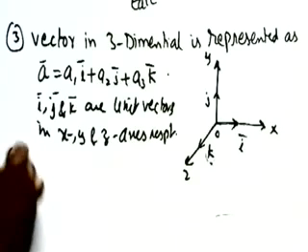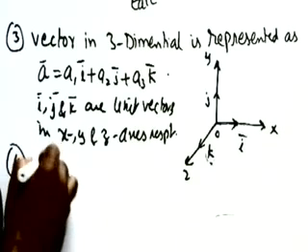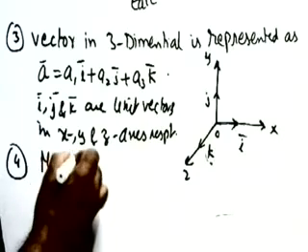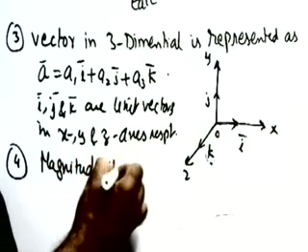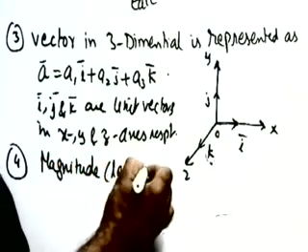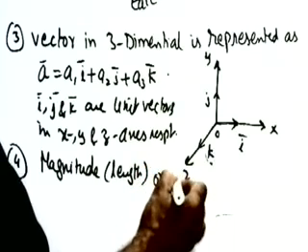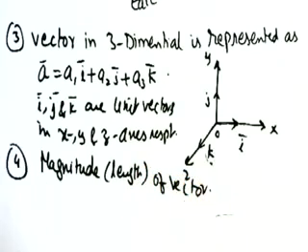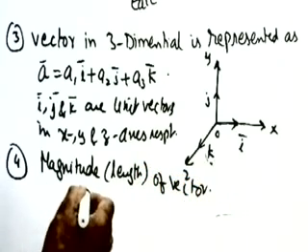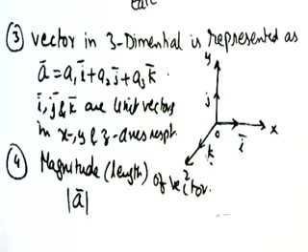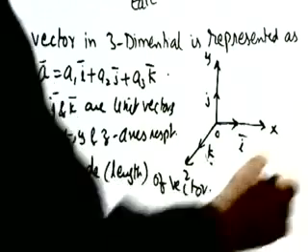So next, we say the magnitude of a vector. Magnitude means the length of the vector. The magnitude of a vector is denoted by mod A, which means its length.